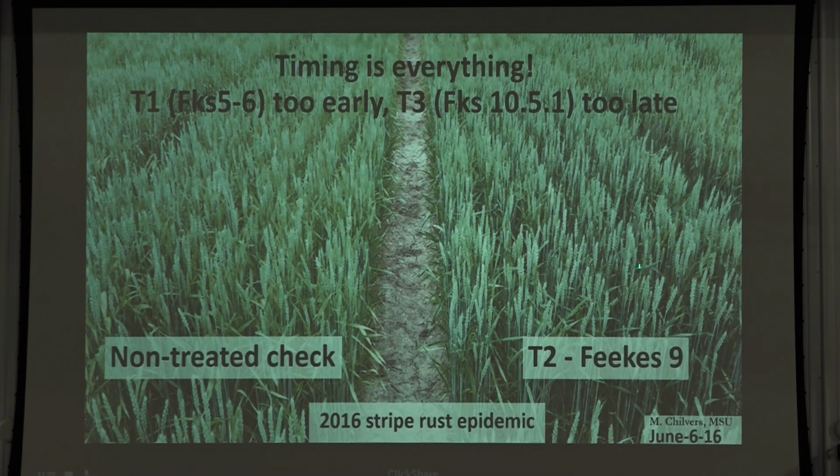And what we observed is if we had gone ahead and made a prophylactic treatment ahead of time at that Feeks 5-6 growth stage, it was really too early to control that stripe rust epidemic because products do a good job for a couple of weeks and then they start waning in their performance. If we waited until flowering, it was too late in 2016, right? We had to be on there at that flag leaf growth stage.